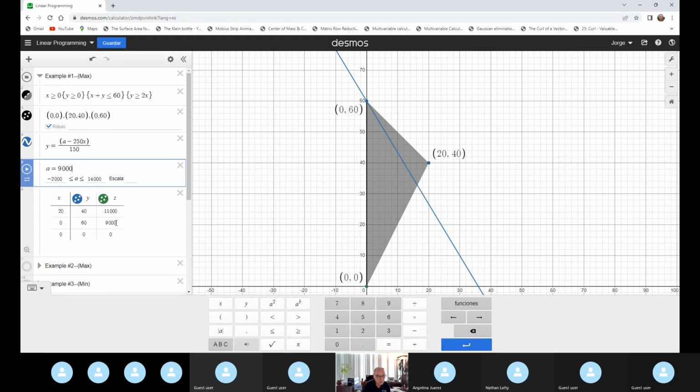And of course 0,0 is the origin, giving 0. So for the three corners, the answers were 11,000, 9,000, and 0. So what is the final answer, Professor? The maximum occurs at the point 20,40 and the maximum value is 11,000. End of story. Easy.